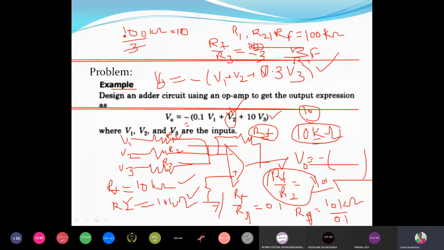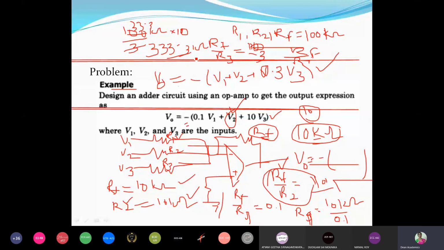This is 33.33, like that you will get. So what is the final value of R3? 333.3 kilo ohms. 333.333 kilo ohms. So like that you can design an adder circuit.